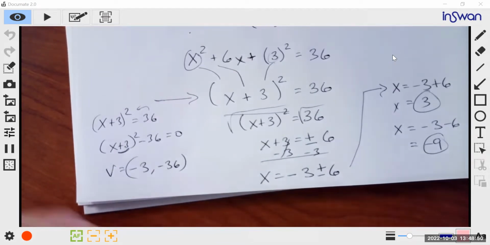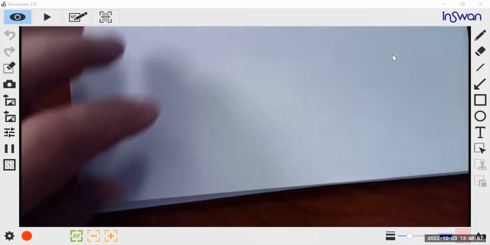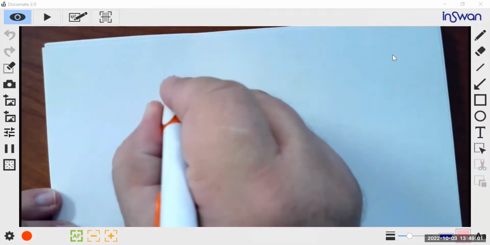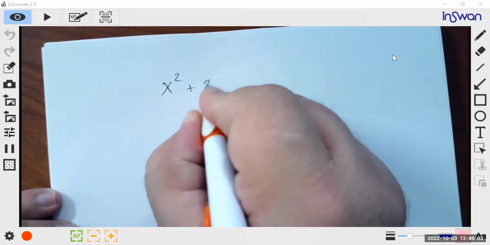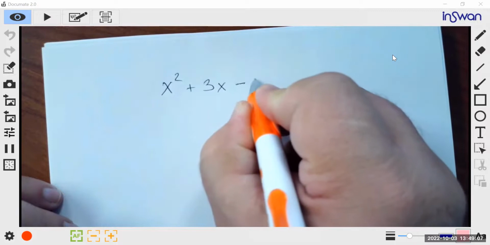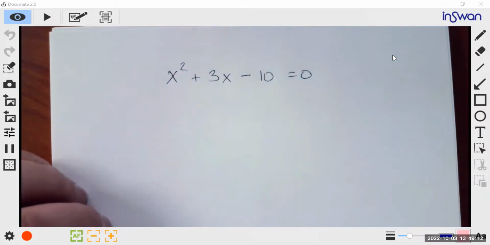Now, so far it looks pretty cool. It's just straightforward procedures. But what if this happens? Let's use complete the square here.